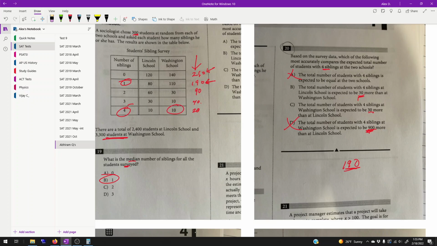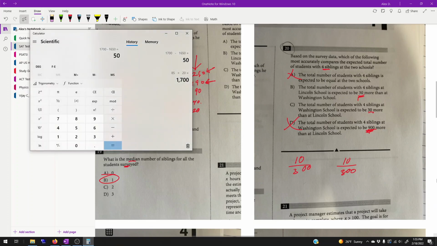So if we think of it as a percentage of the total population, 10 out of 300 is the same percentage as 10 out of 300 for the other school. So we're going to apply that same percent to each school, 1/30th. So 1/30th of 2,400 is smaller than 1/30th of 3,300.